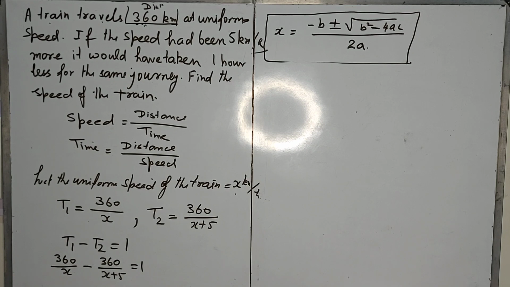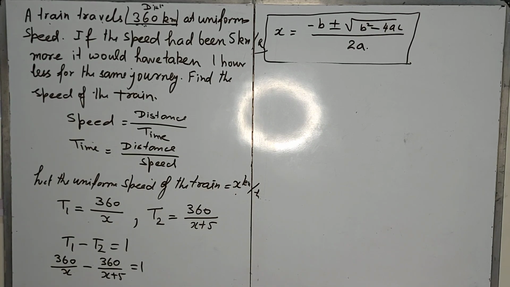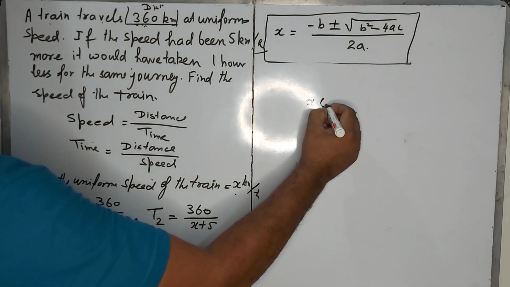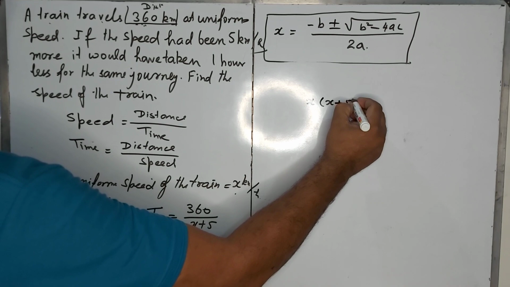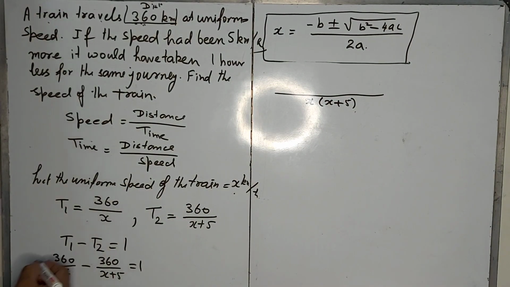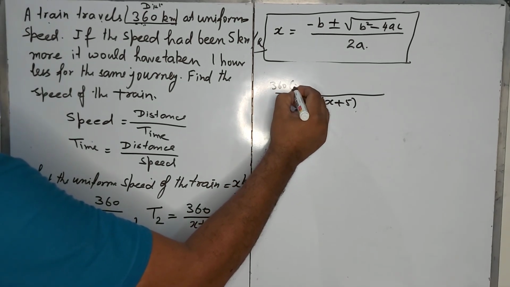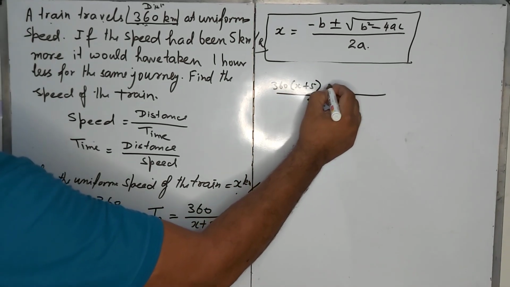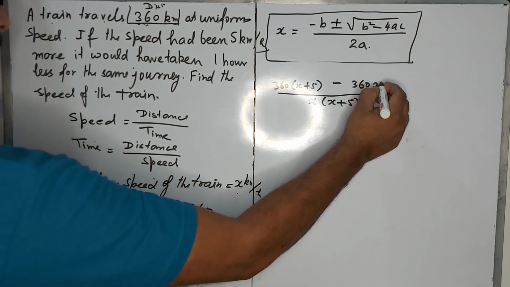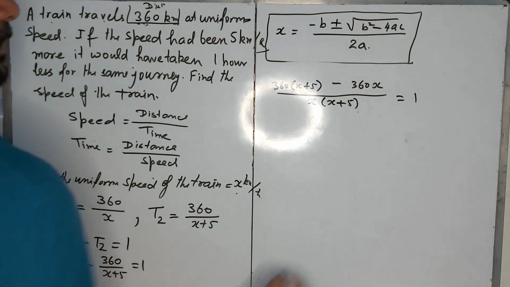We simplify this equation and convert it into the quadratic form. Take the LCM. LCM becomes x into x plus 5, and in the numerator this multiplied by this: 360 x plus 5 minus 360 x equal to 1.